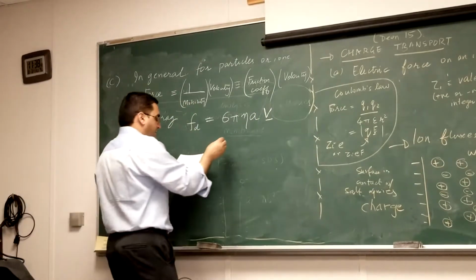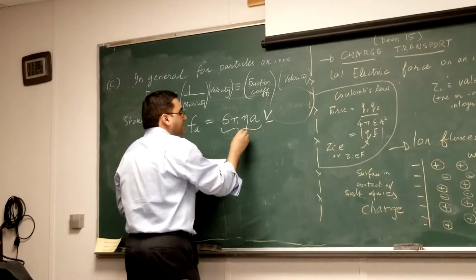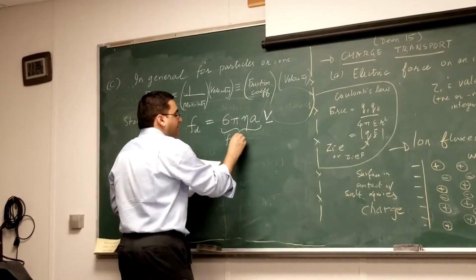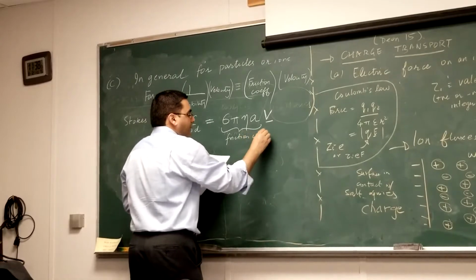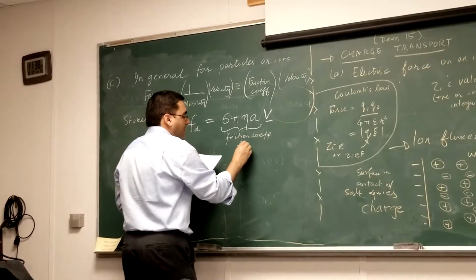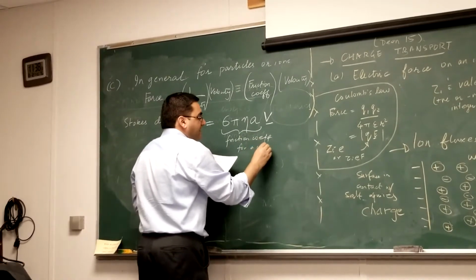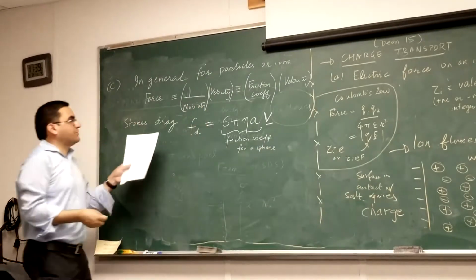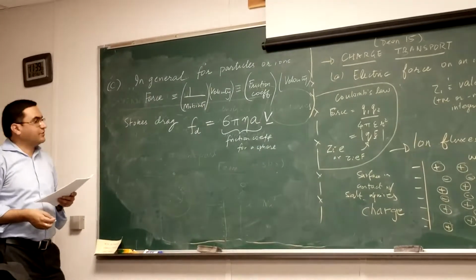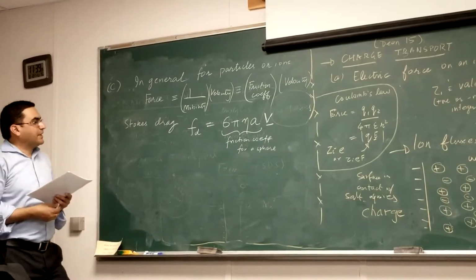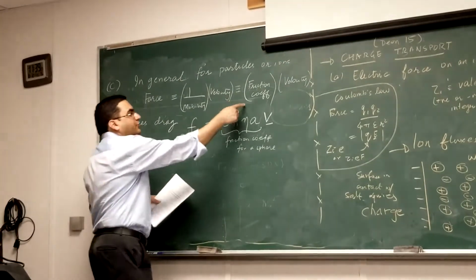And this is the friction coefficient for a sphere, and we will derive this in class. So we'll redo what Stokes did like 150 years ago or 140 years ago. So friction coefficient times velocity gives rise to a force.